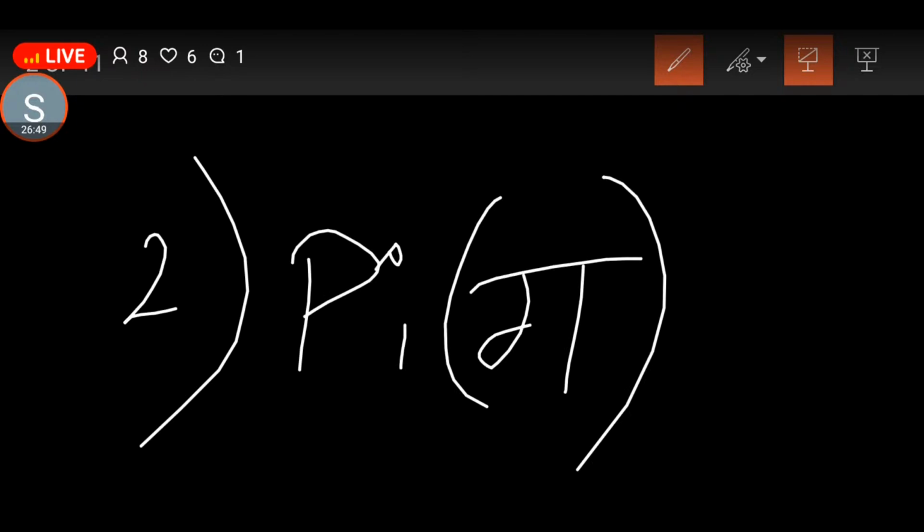Representation is pi. If there is only a single bond, no double bond or triple bond, then it is called sigma bond. If there are double or triple bonds in the carbon atoms, then they are called pi bonds.